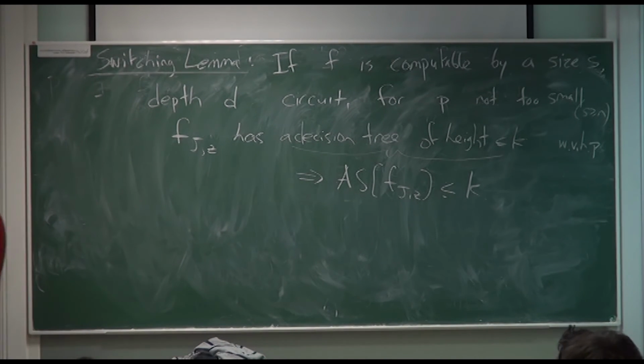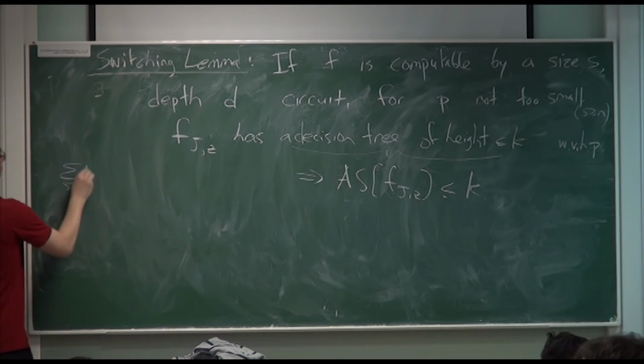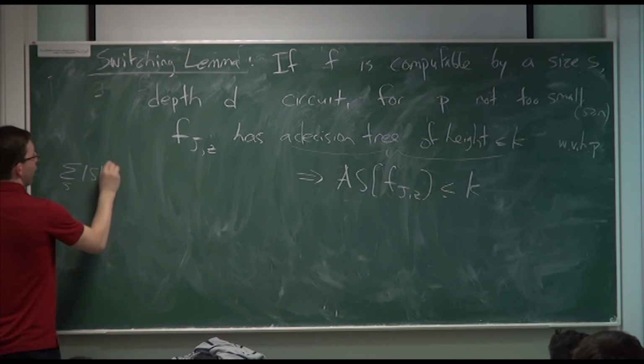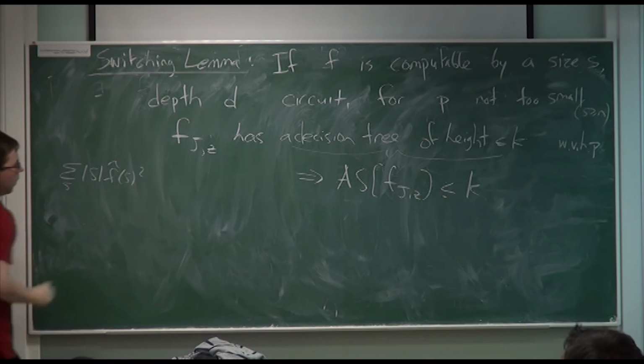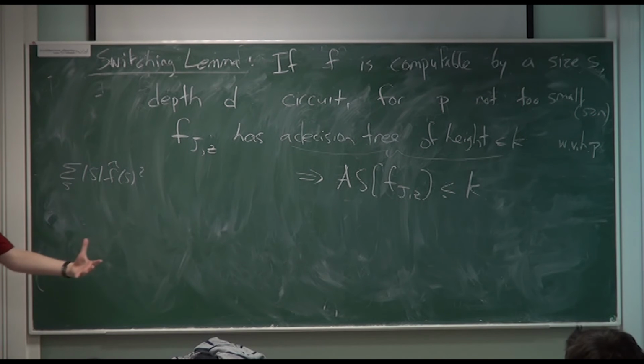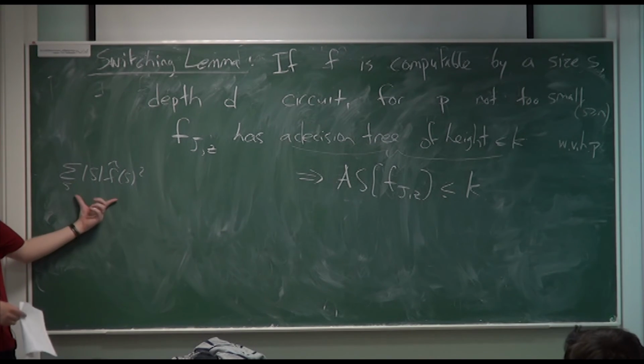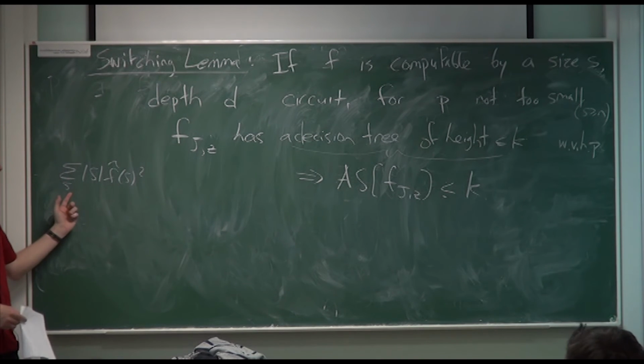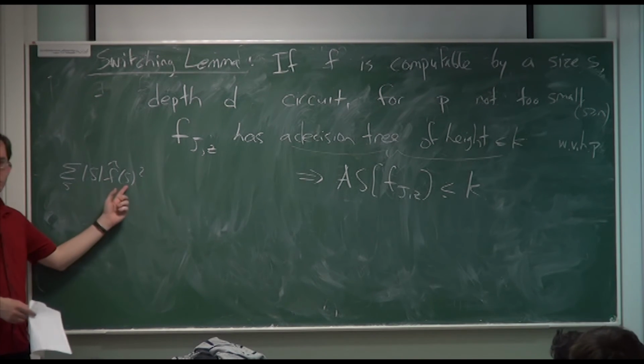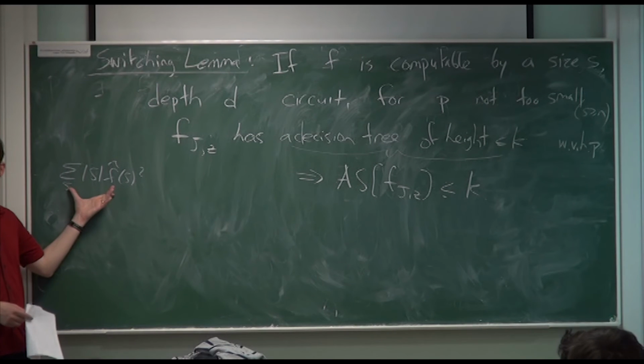One is we have this average sensitivity formula that says it's the sum over all s of cardinality of s times f hat of s squared. We also have that if you have a decision tree of height k, when you write it as a multilinear polynomial, its degree is at most k. Which means that in this sum, once cardinality of s is bigger than k, all of these coefficients are 0. So this is at most k.